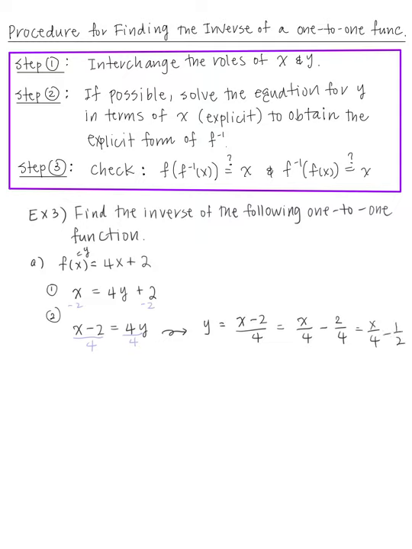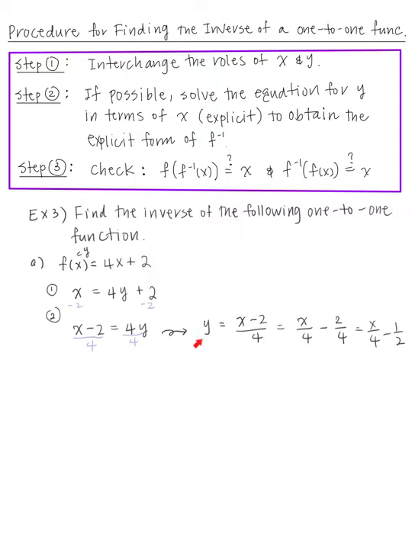Depending on what the function is given to you, when you check f of f inverse and then f inverse of f, your computation can be easier if you use x minus 2 over 4 or x over 4 minus 1/2, but it doesn't really matter which form you want to use. But anyways, I don't know which way you saw it, so let me just keep my first one as our answer.